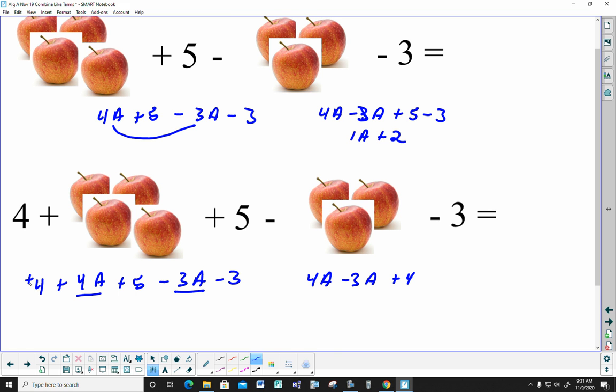Notice I'm taking the sign that's in front of each one. I've grouped the things that are alike. 4a minus 3a is 1a. 4 plus 5 is 9. Minus 3 is 6. So this would be your final answer.